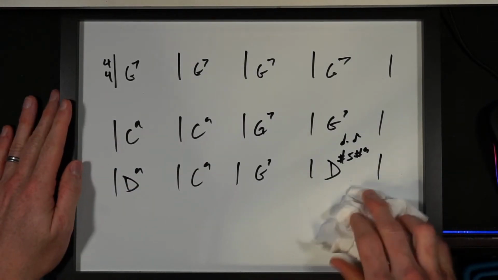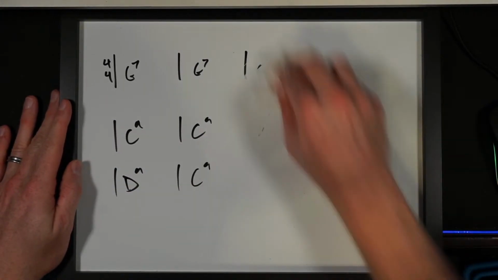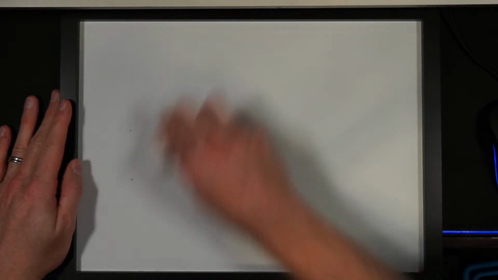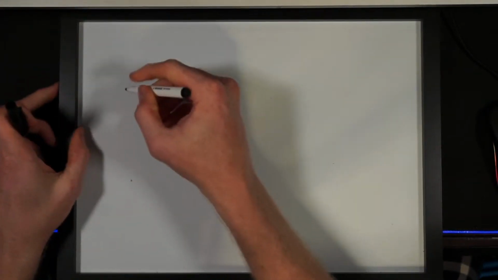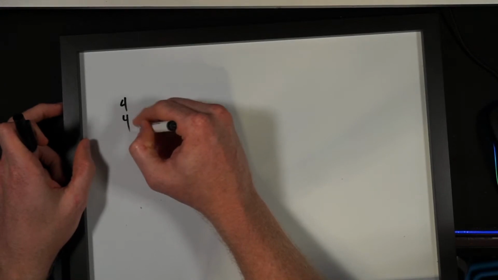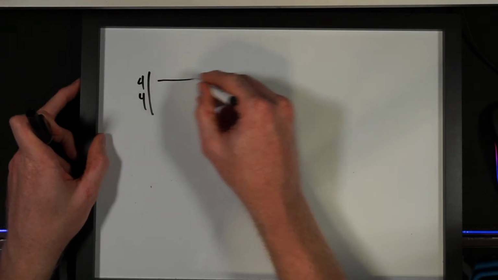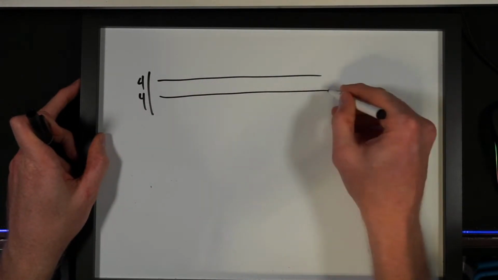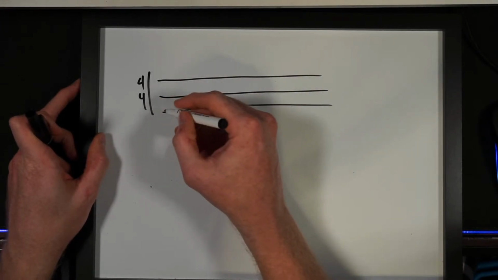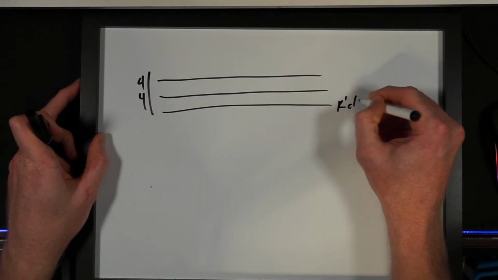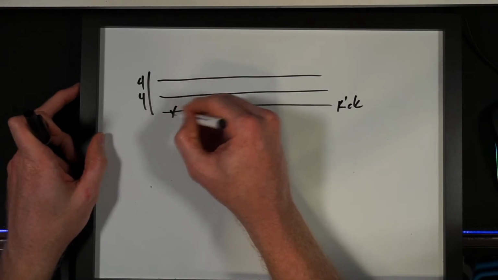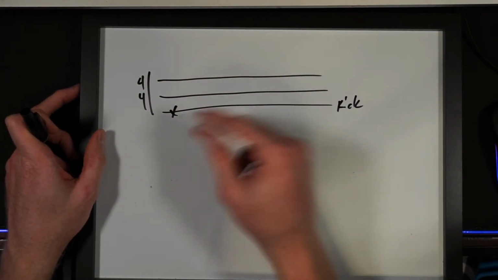Obviously, if you're writing for drums, it's going to be on a line. Usually if it's written like that, you again have your time signature, but then you have different lines that mean different things. Your kick would be down here, with some notation for what that is.